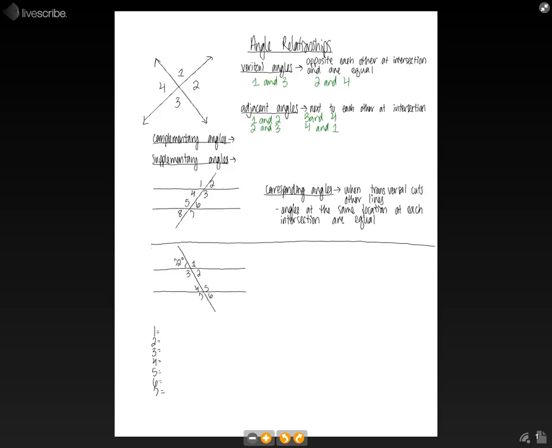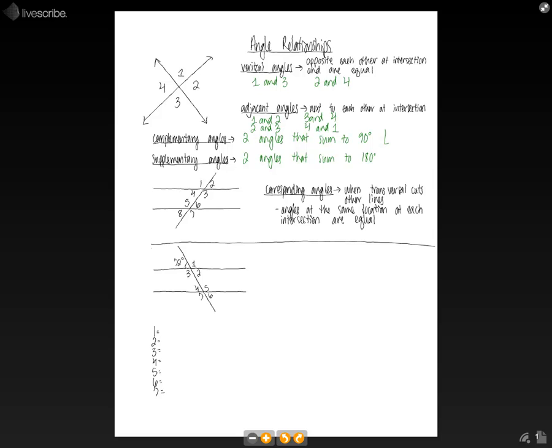And then complementary angles are two angles that sum to 90 degrees, so they form a right angle when they're put together. And then supplementary angles are two angles that sum to 180 degrees.